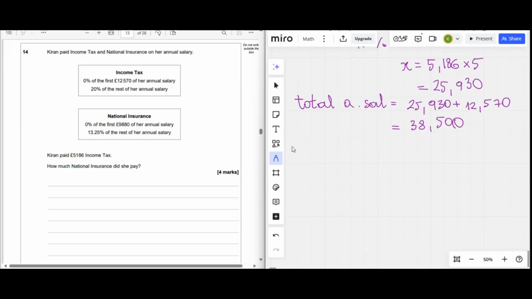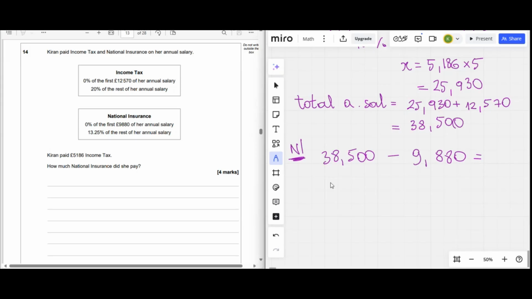So now to calculate the national insurance, we need to take the total annual salary and deduct the amount that is free of national insurance. It's different to the tax-free amount. So it's 9,880.